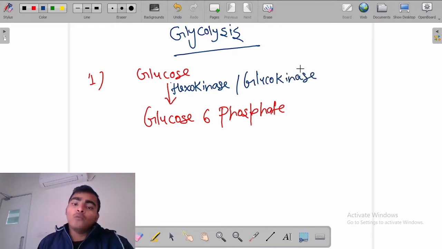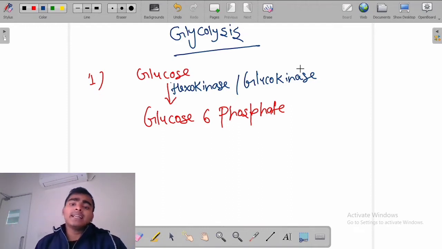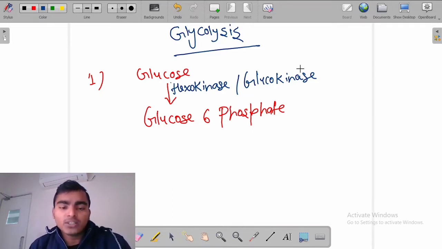Whenever there is the word kinase, what does that stand for? Kinase means an enzyme responsible for phosphorylation, which transfers a phosphate molecule to a particular substance. That's why glucokinase or hexokinase comes under the category of transferase enzymes, meaning it transfers a functional group, that is phosphate.